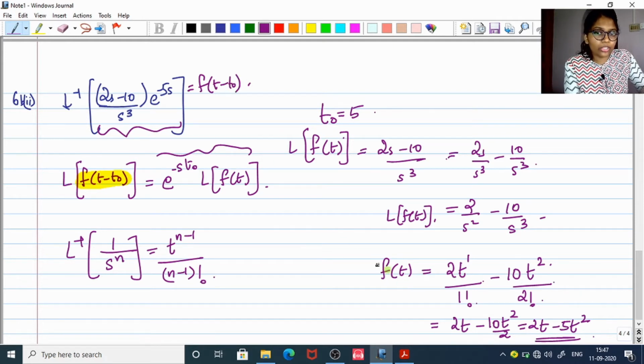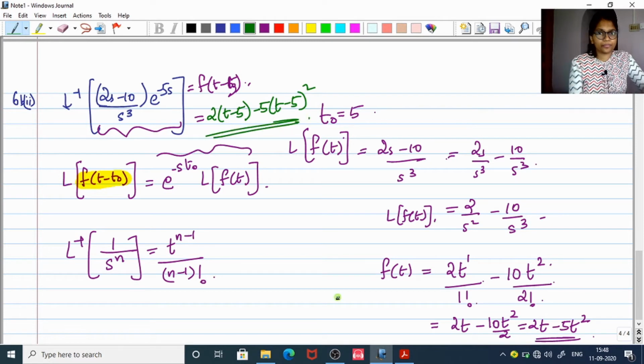Your t0 value is 5, so to get f of t minus 5, just replace t with t minus 5. Your answer is then 2 into t minus 5 minus 5 of t minus 5 the whole square. This is your answer. Got it?